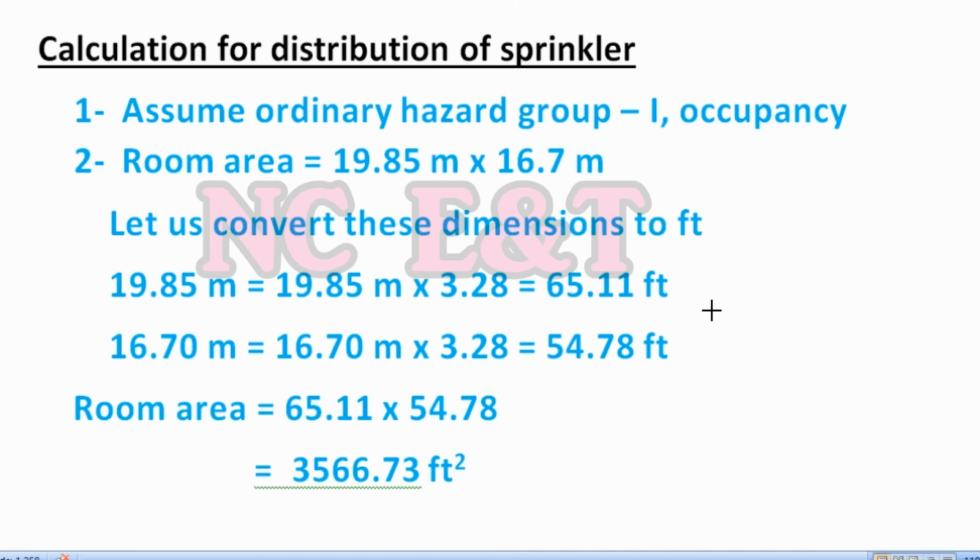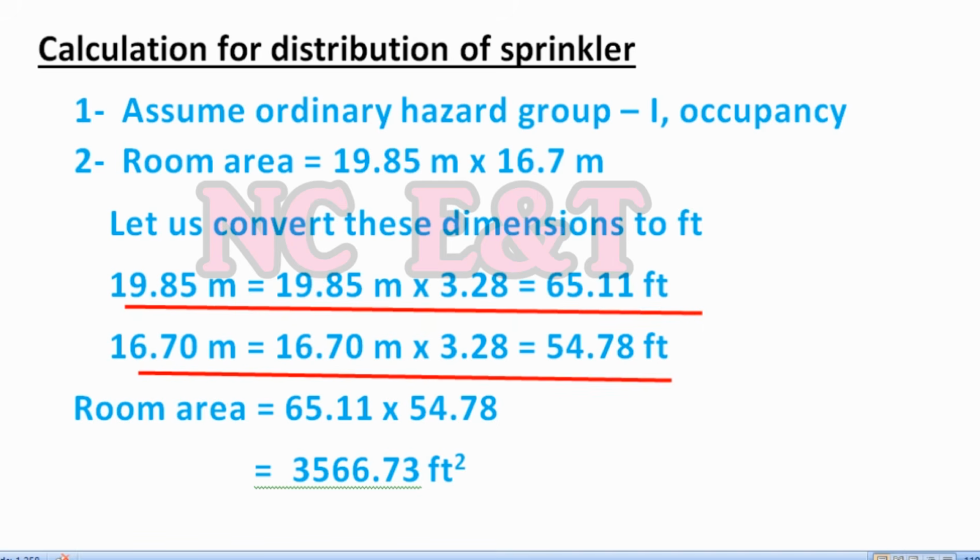So let us convert these dimensions to feet, and after conversion we find the room area is 3567 square feet, that is clearly less than 5000 square feet. So we can go for designing using the pipe schedule method.